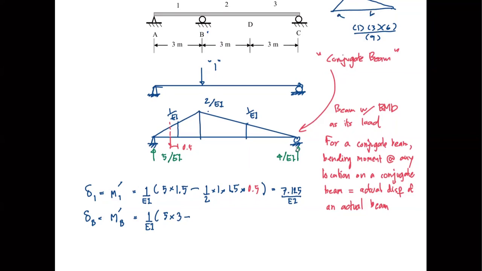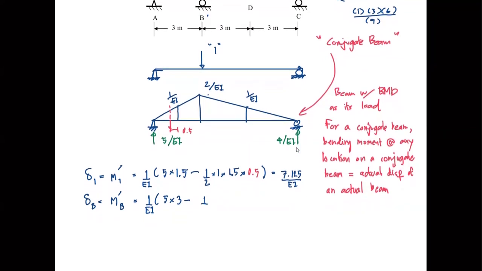Which is a half of the height, which is 2. The base is now 3. And then multiply by the distance to the centroid, if the base is 3, here is 1. Okay, so this turns out to be 12 over EI.